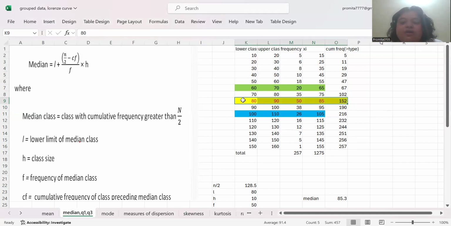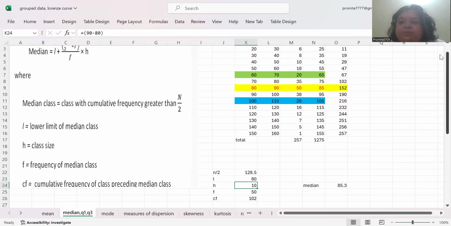So my n by 2 is 128.5. The lower boundary of the median class is 80, the frequency of the median class is 50, and the class width is 10. So we'll use this formula to calculate the median.